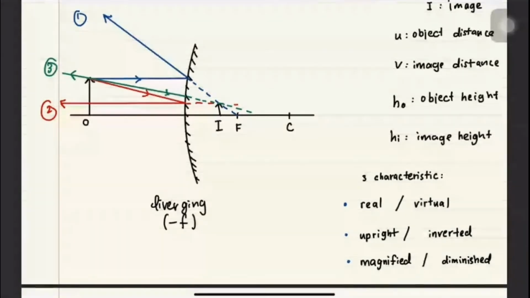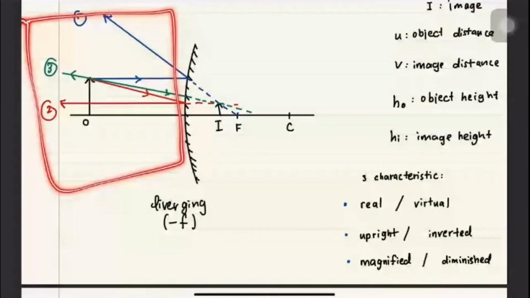Remember that. Okay, so the image, very good, Daniel, the image formed should be somewhere over here, on the left hand side.